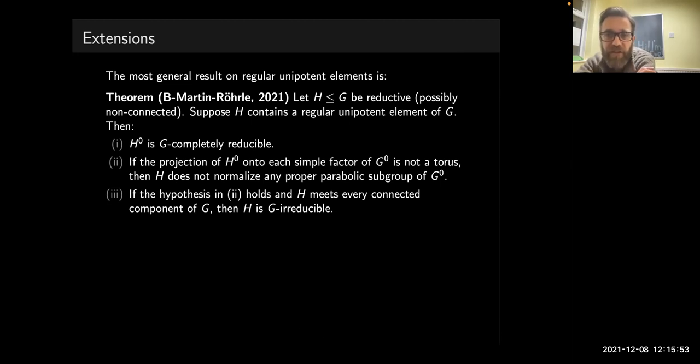So now we allow H and G to be reductive groups which are possibly non-connected. So I just require that their unipotent radical should be trivial. Okay, so no connected normal unipotent subgroup.